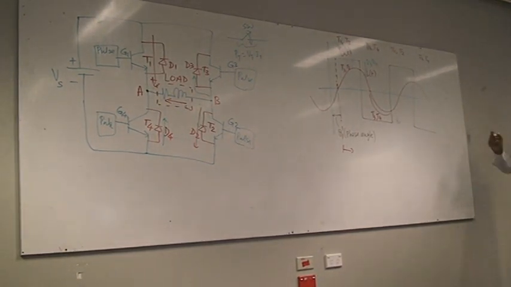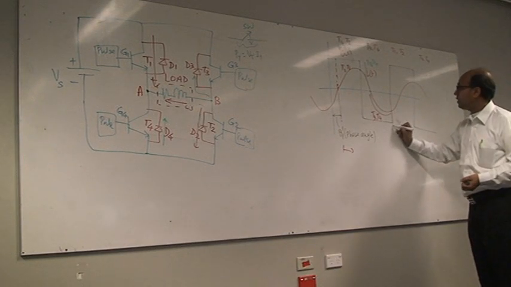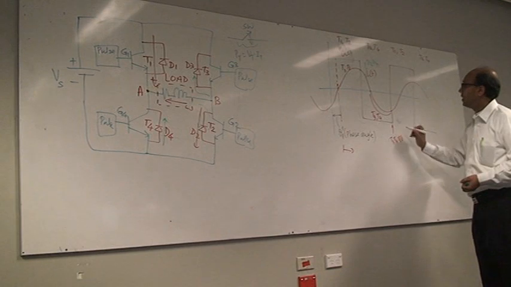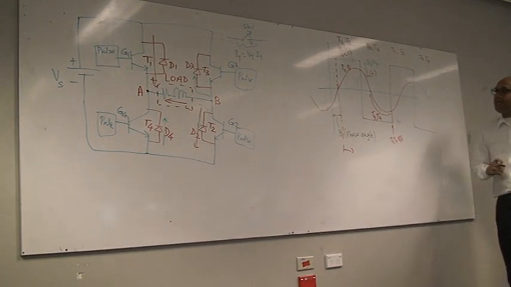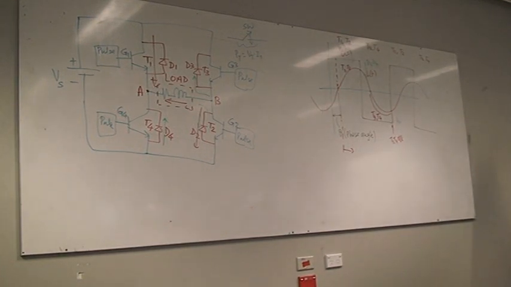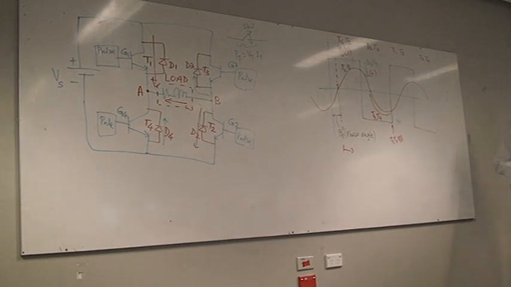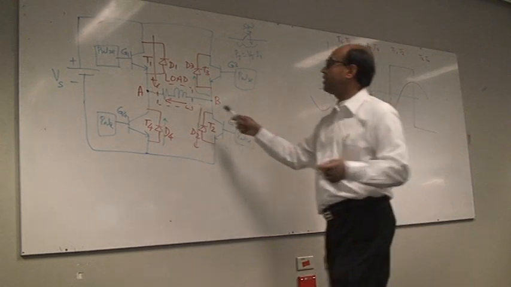At this point, T3, T4 are off. Then here, the current is still negative.